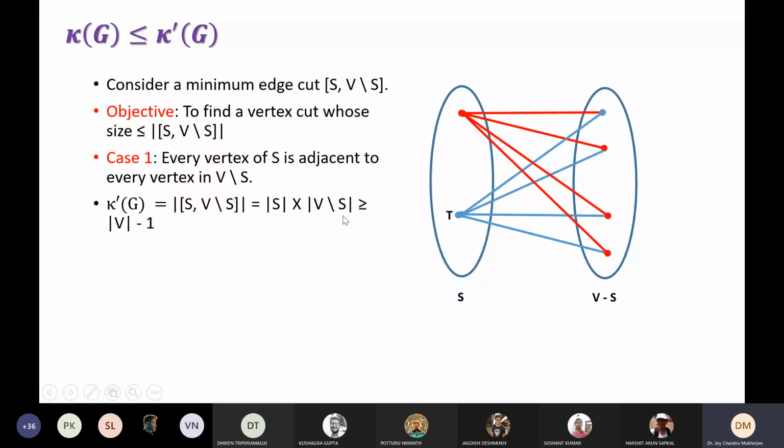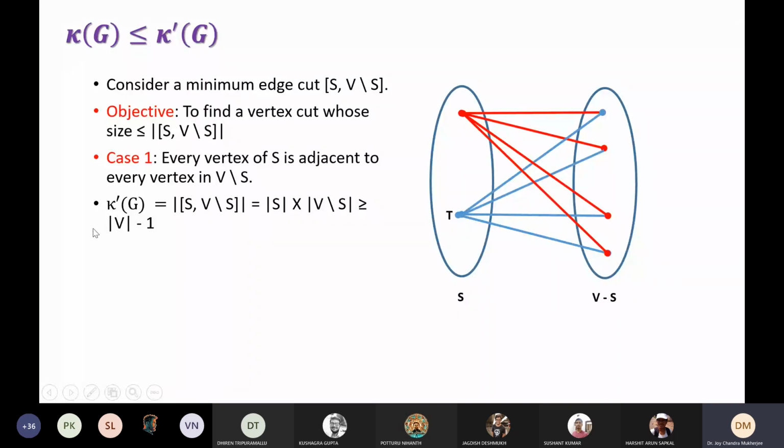It is mod S into mod V minus S. Now what is the minimum value of it? The minimum is reached when any one of them is 1. If any one of them is 1, the other must be V minus 1, because that is the definition of an H cut: it will create only 2 components of the graph. So it must surely be mod V minus 1.